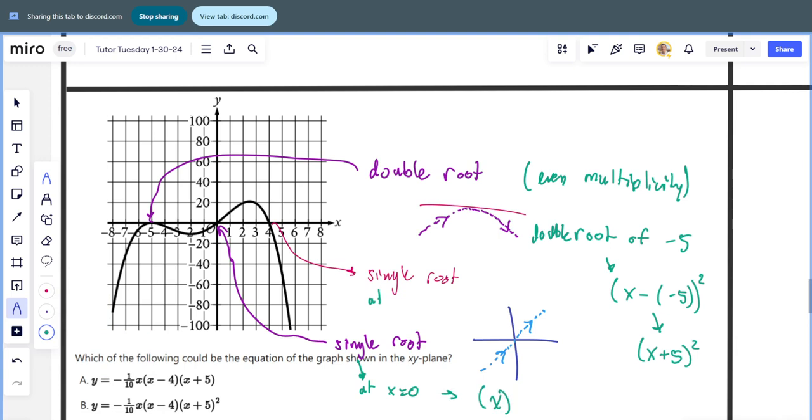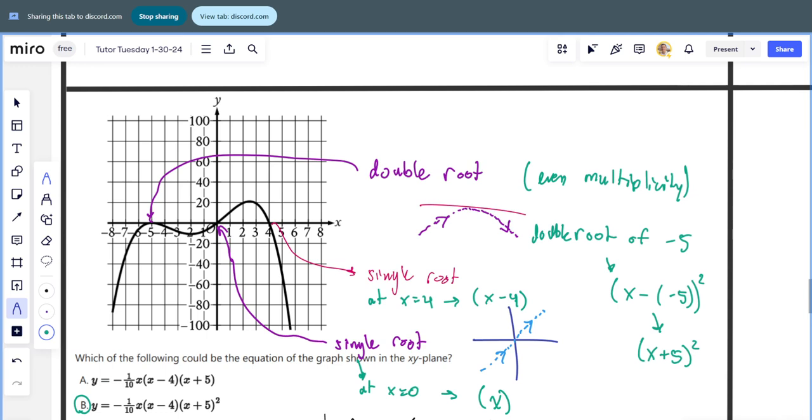A single root at x equals 4 is going to be x minus 4. The general form that you'll see for representing these functions is x minus the root, or x minus the zero. So it looks to me like the answer is going to be choice B.